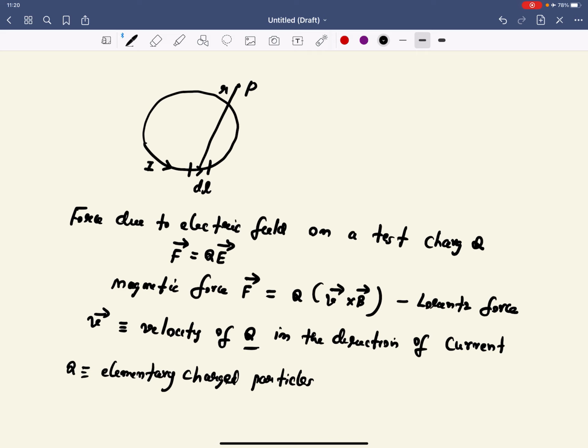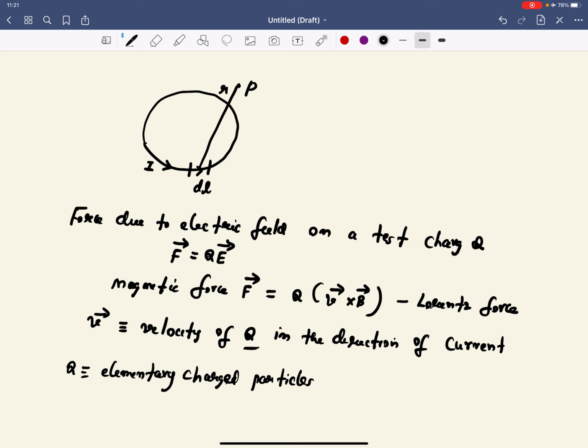So what we are going to focus on here is charges, collection of charges, moving charges. It could be a line of charge, or a surface charge, or a volume charge, depending upon the kind of charge distributions.